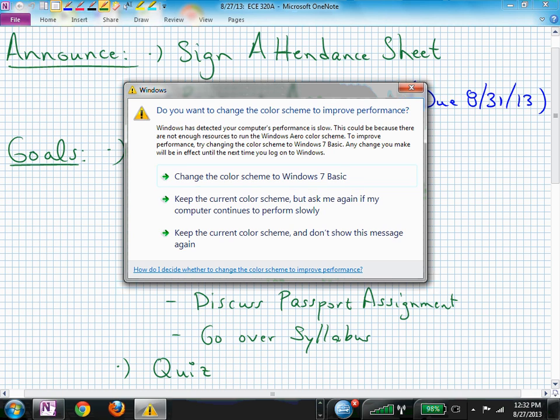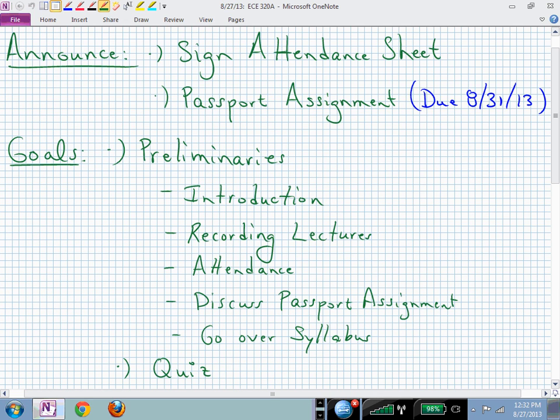If you are already in the class, then you're looking for attachment 2, and you sign attachment 2. Is that clear? There's 2 attachment 2 sheets that will be passed around, and only one attachment 1 sheet. Just make sure you sign only one sheet as it's going around. Hopefully most of you will be signing attachment number 2.